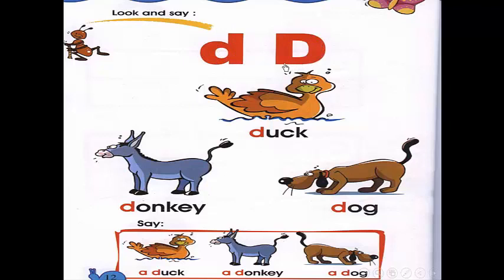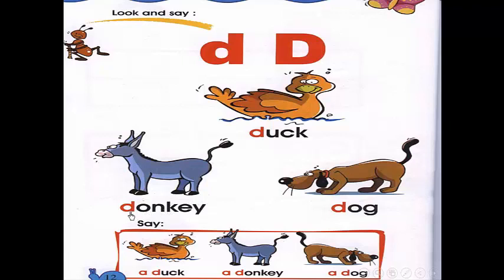Okay, so what is this? Good. It's duck. And duck begins with the letter D. And look here. What is this? It's a donkey.